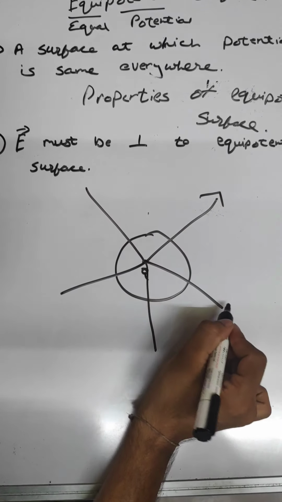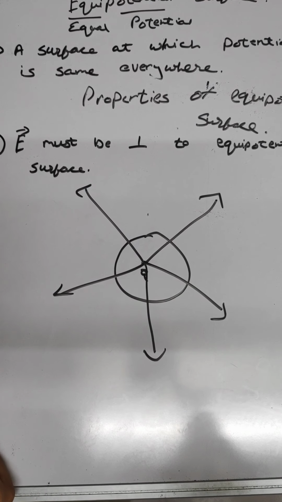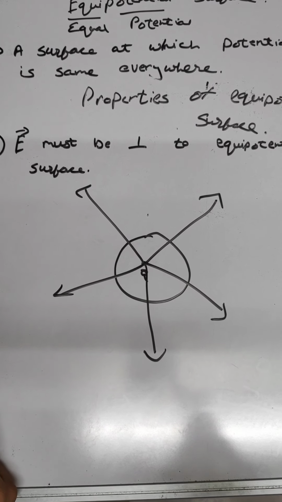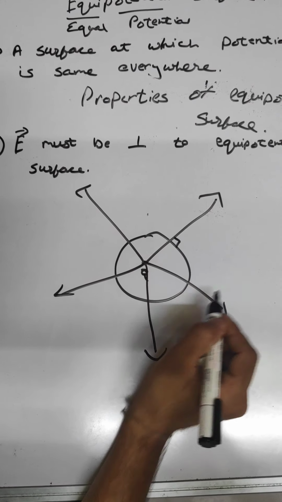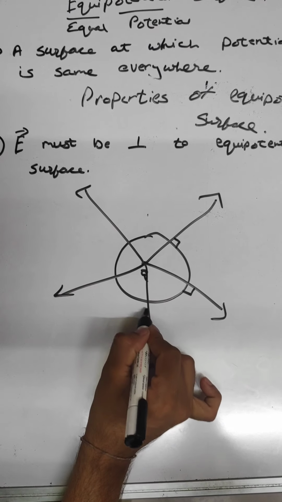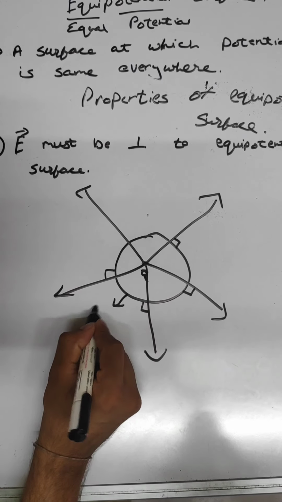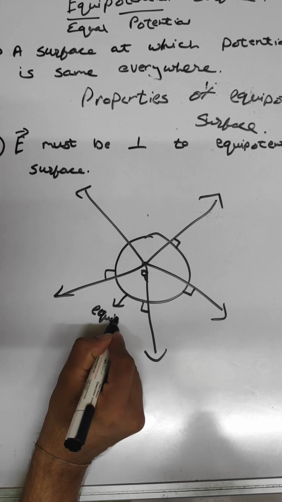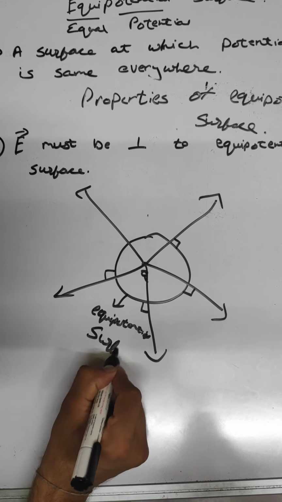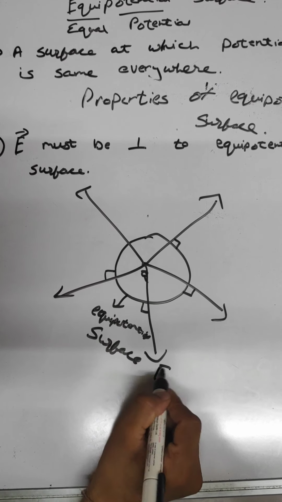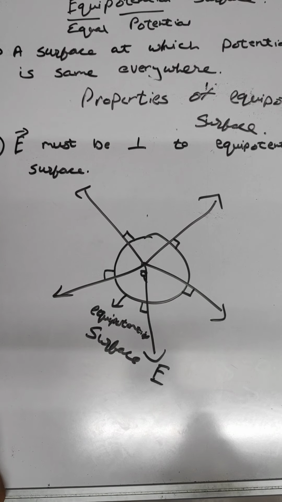From the properties of electric field lines that we studied previously, we know that they are always perpendicular to this surface. So here also, this is our equipotential surface, and these are our electric field lines. So they will always be perpendicular to each other.